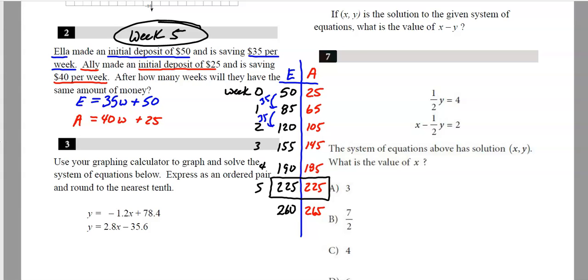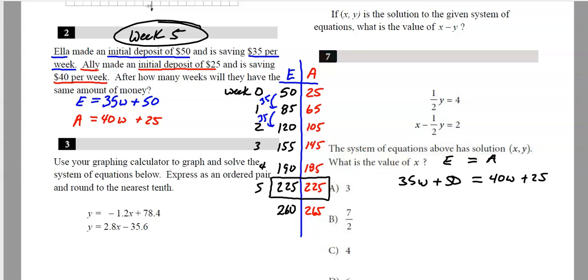And then I could use substitution, because they're asking, hey, when does Ella equal Allie? When does E equal A? I could set those two equations equal to each other. Maybe I'll do that down here, and I'll get 35W + 50 = 40W + 25. And then we just solve. So basically this was, when does Ella equal Allie?